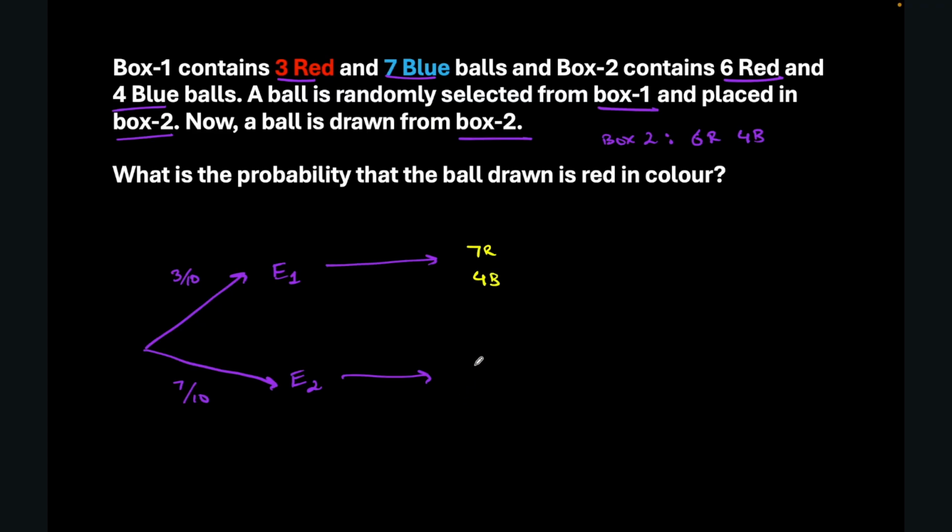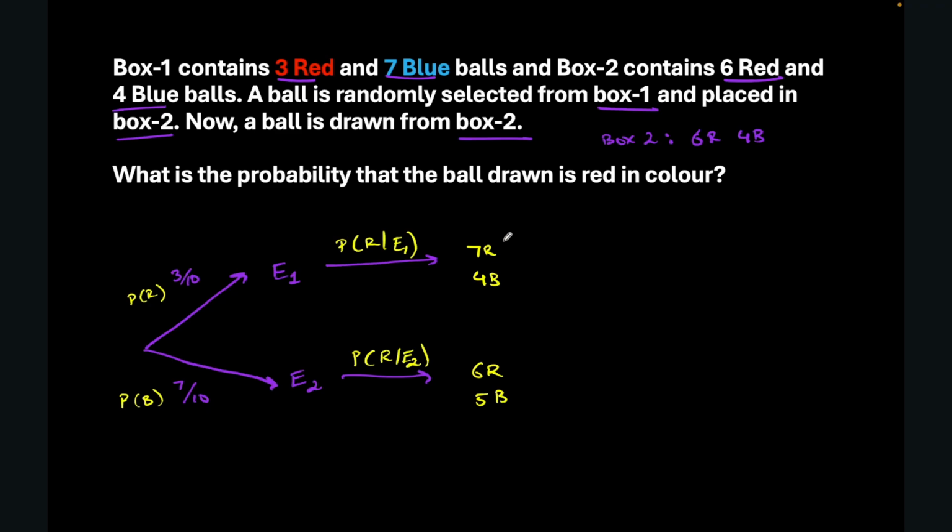And if event 2 takes place, we're going to have 6 red, 5 blue. That's it. So this is going to be the probability of red given event 1 takes place, and the probability of red given event 2 takes place. Okay, very similar to the first question, right?